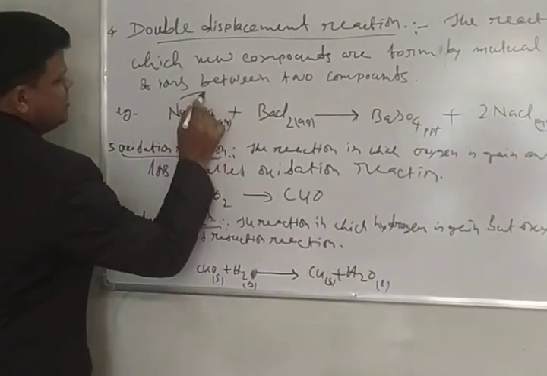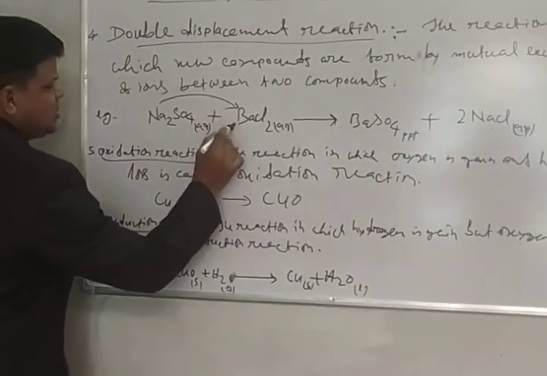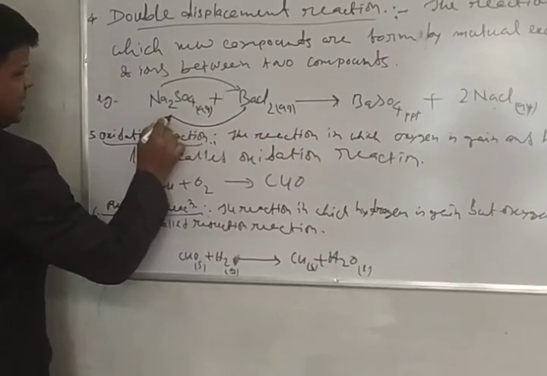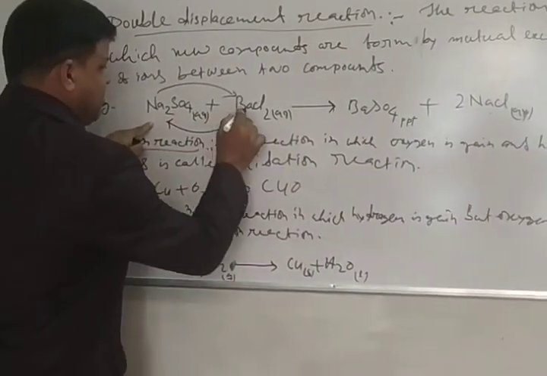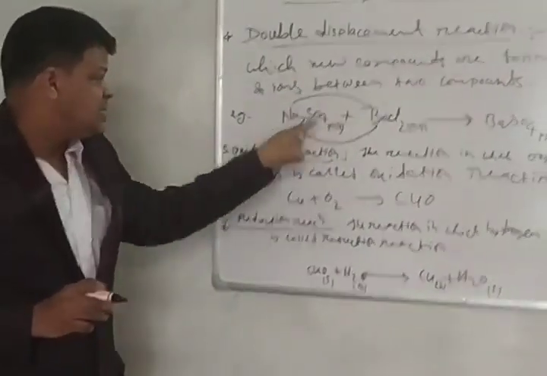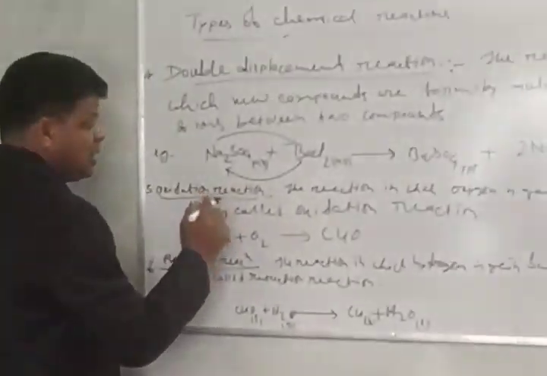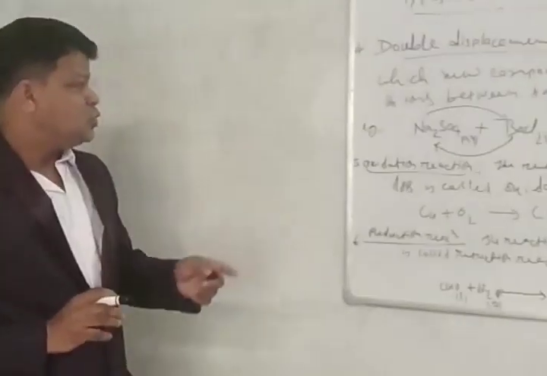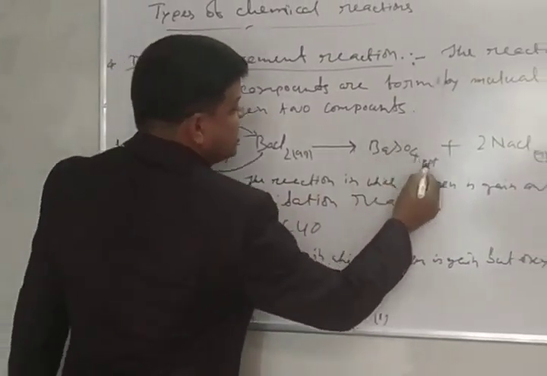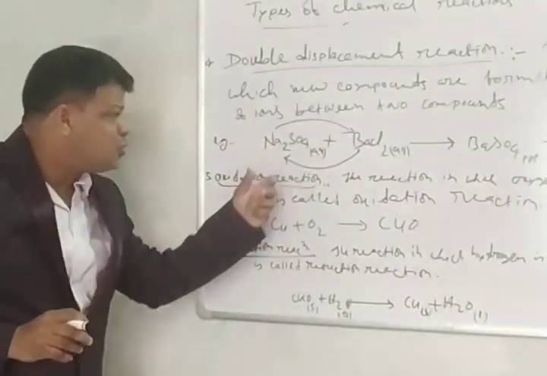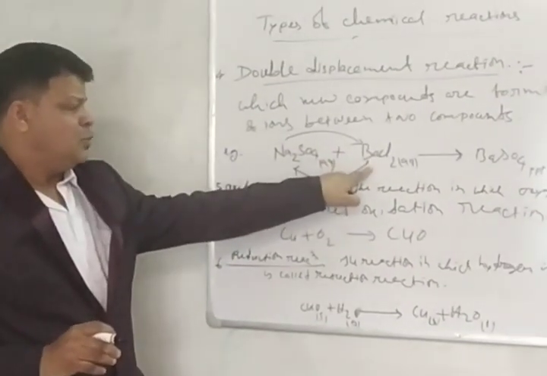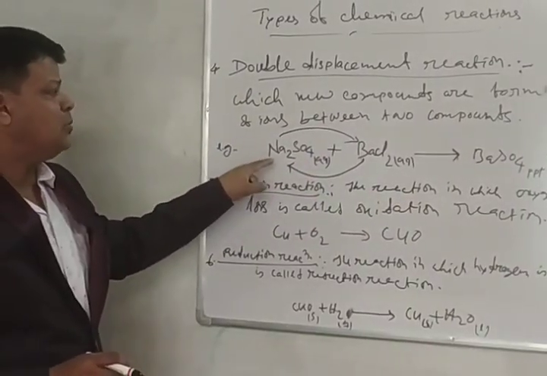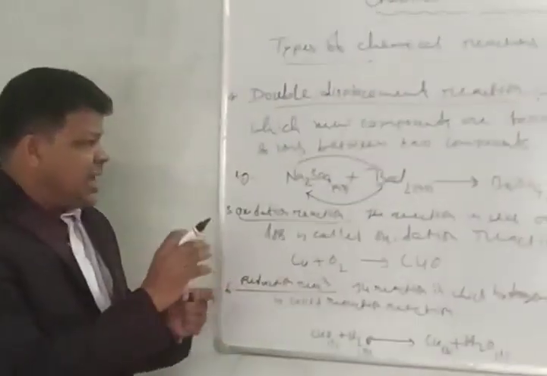The place of barium is taken by sodium and the place of sodium is taken by barium. So mutual exchange of ions is taking place.